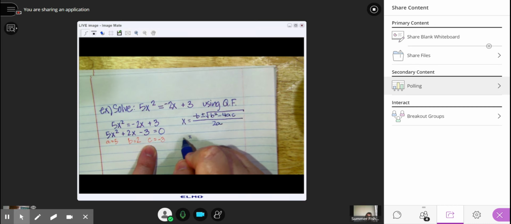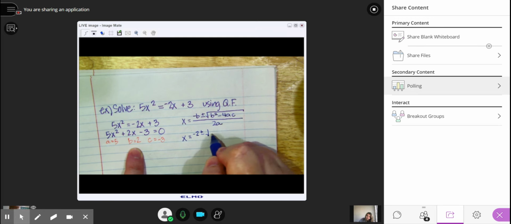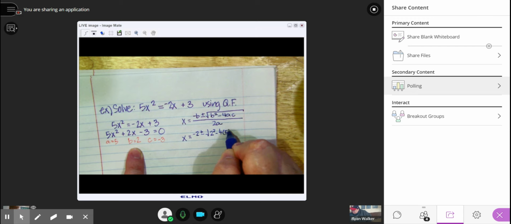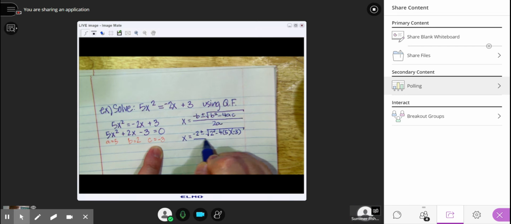So I'm going to get x is equal to negative 2 plus or minus the square root of 2 squared minus 4 times 5 times negative 3, all of this over 2 times 5.